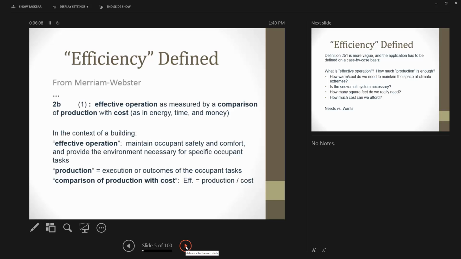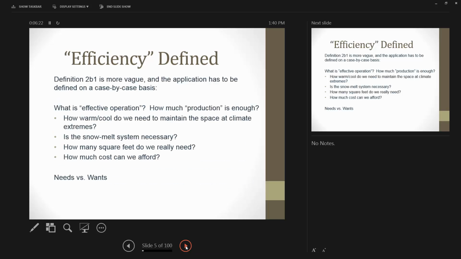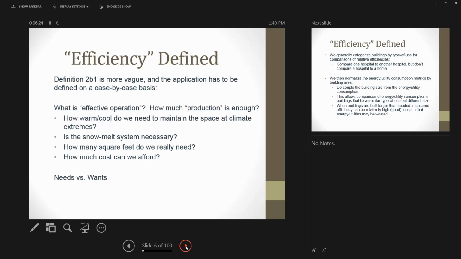So again, the other part of it, we talk about effective operation, and this is where we start to get into efficiency versus conservation and what really truly is the most effective and maximum efficiency in our buildings. A couple examples we'll talk about, in the overarching concept of efficiency: is it really efficient?